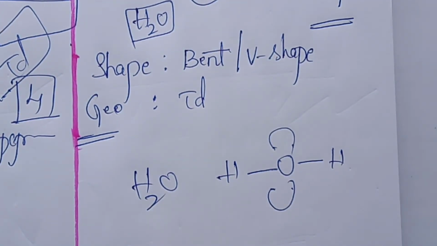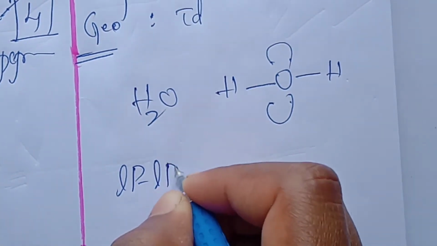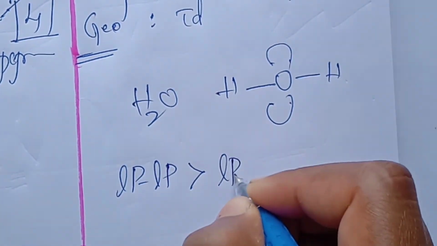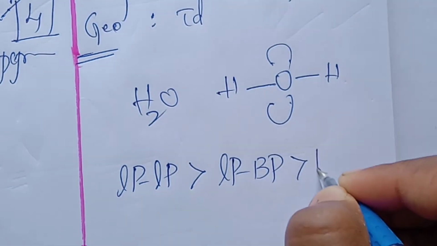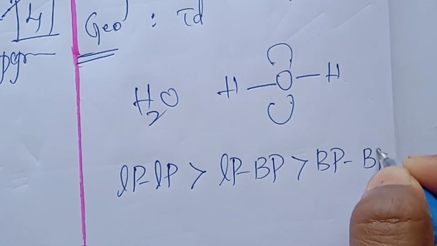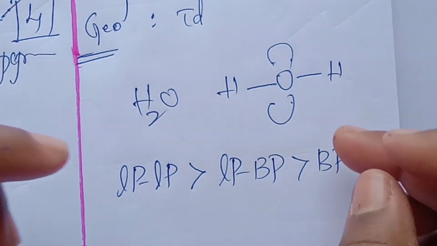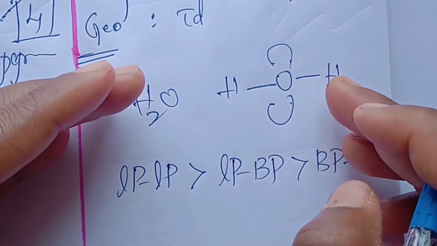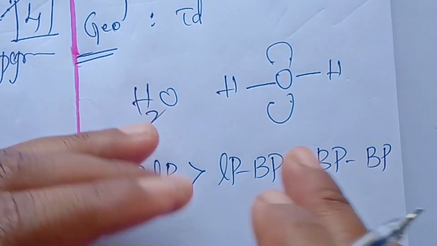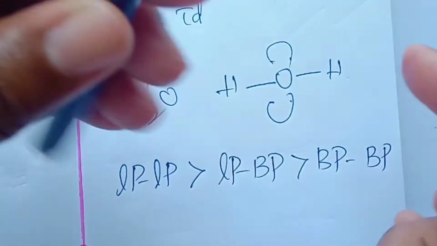Before my video I will tell you one tip: lone pair-lone pair repulsion is greater than lone pair-bond pair, and bond pair-bond pair. Here with two lone pairs, repulsion is created on the central atom. How? I will show you.